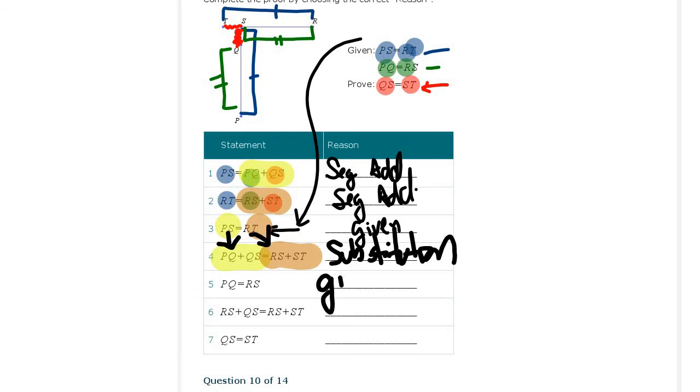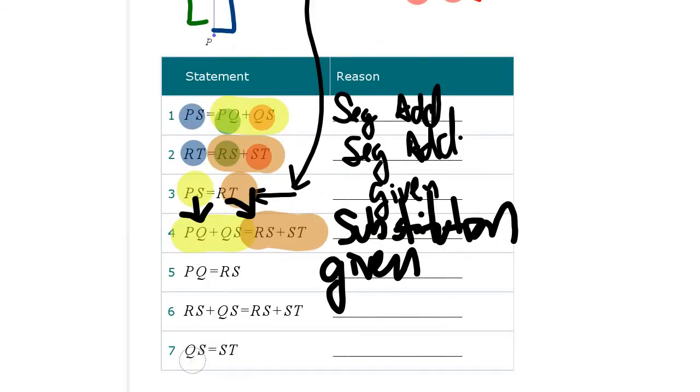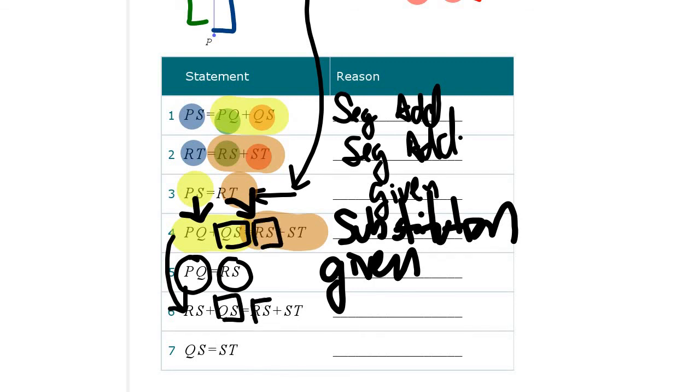This is given. Look very carefully. The only difference between here and here, if you look very, very carefully, we can swap out PQ and we can put in RS, which is exactly what we did. Everything else is exactly the same. So that's called substitution.